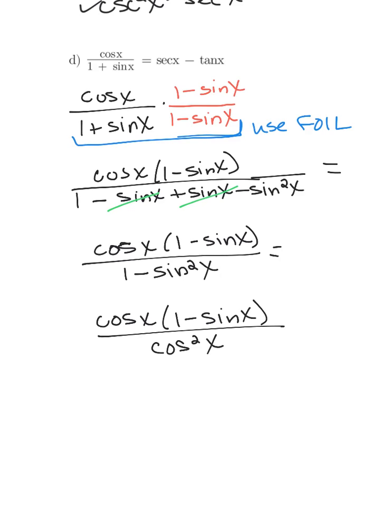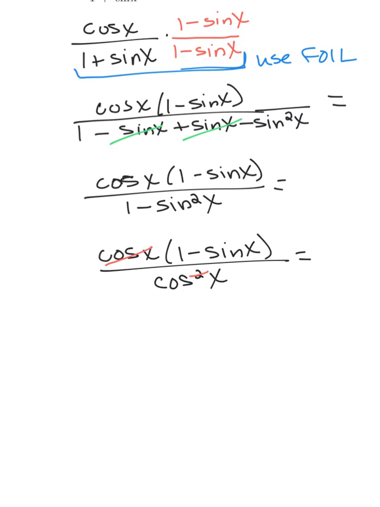Well, now I can simplify the cosines. I'm going to take out the one that's on top and one of the two that's in the denominator. So now I have 1 minus sine of x over cosine of x.